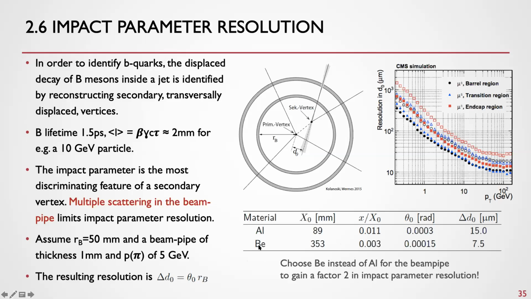And the welding of these low Z materials, beryllium in particular, had to be invented just to construct the beam pipe so that our impact parameter resolution would drop so that we could, with a better accuracy, infer the impact parameter and the position of these secondary vertices here. So that's how Molière theory, multiple particle scattering, at a very low level interferes with detector design. In this case, the choice of the material for the beam pipe.